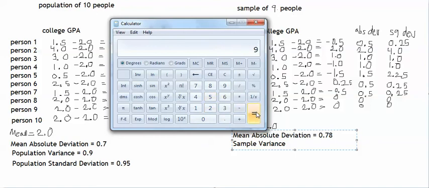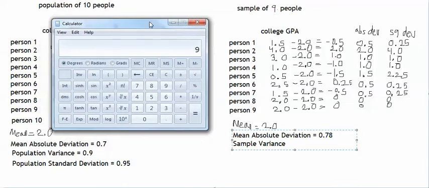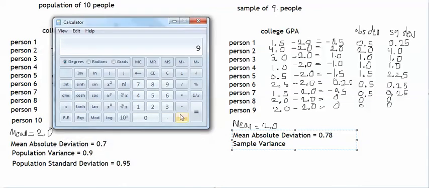It equals 9. But remember, we have to divide by 8 because we're doing a sample variance and not a population variance. We get 1.125.